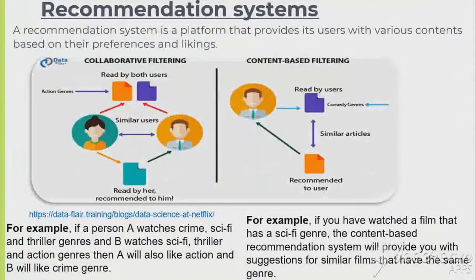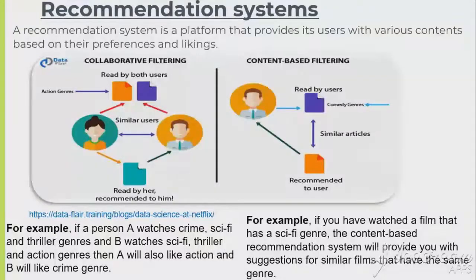After this, the recommendation system of Netflix. What is a recommendation system? It is a platform that provides its users with various contents based on their preferences and likings. In this, first is collaborative filtering, second is content based filtering. For example, in collaborative filtering, if person A watches crime, science fiction and thriller categories and B watches science fiction, thriller and action categories, then A will also like action and B will like the crime category.